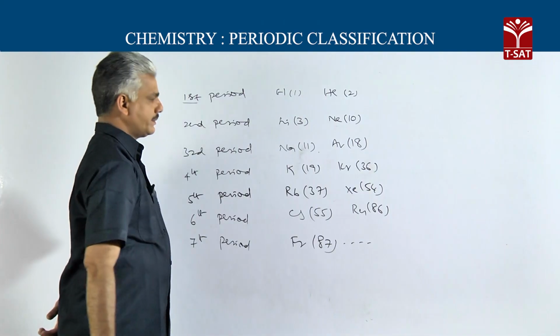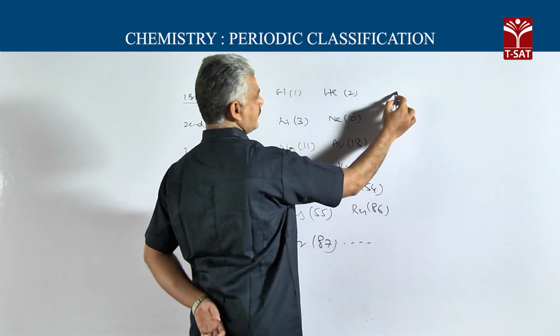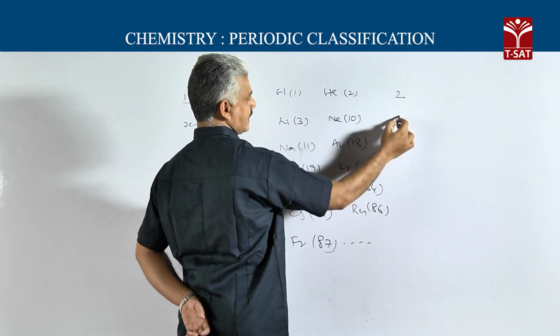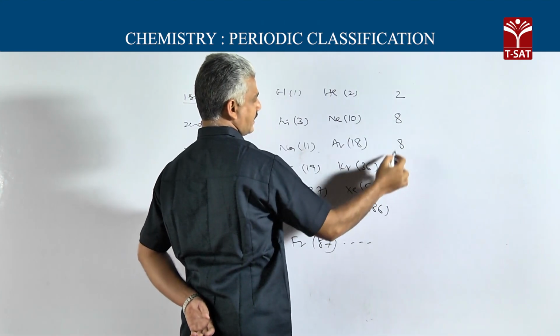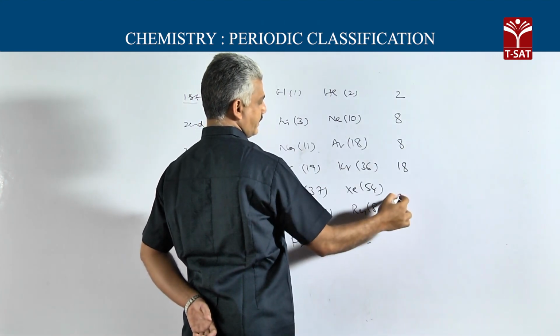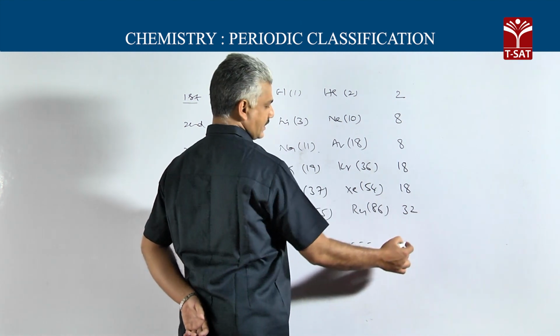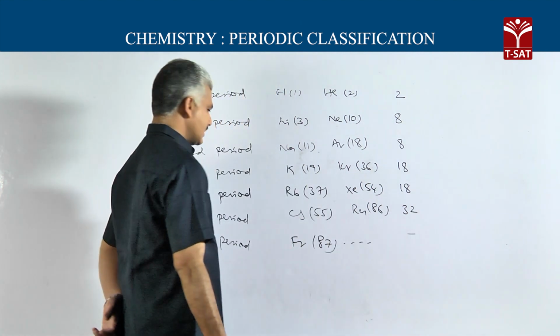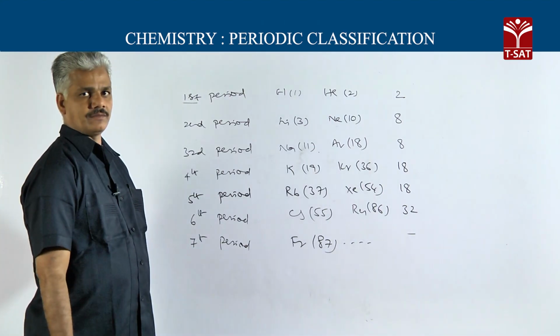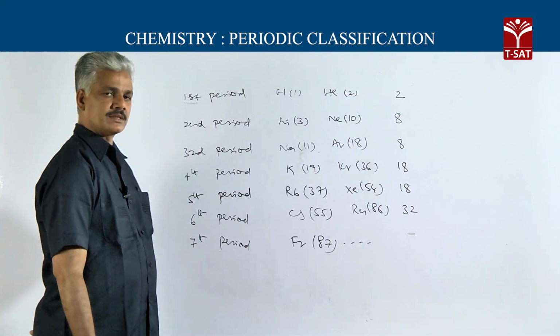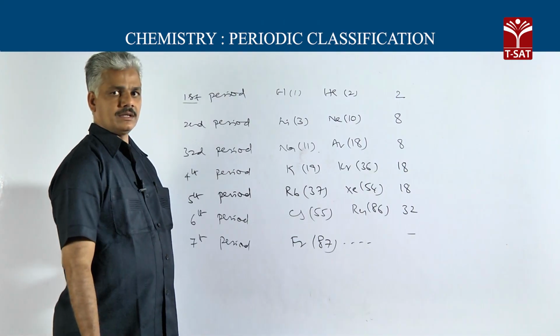So, in the first period, a total of 2 elements are present, second period 8, third period also 8, fourth period 18, fifth period 18, sixth period 32 elements. The seventh period is incompletely filled because some of the elements are yet to be discovered.